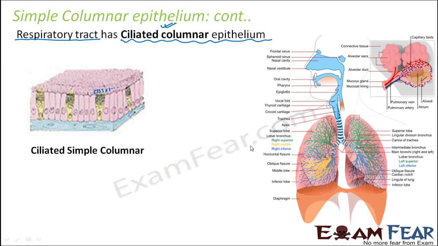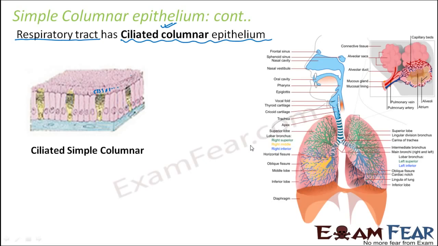Now what happens in the respiratory tract is mucus. There is a very slippery fluid-like substance which is secreted by some specialized glands. They protect the lungs by trapping the particles that enter through the nose during breathing. So inside your nose there is this mucus present. Now cilia move, and because of this movement the mucus is swept away from the nostrils and towards the back of the throat.